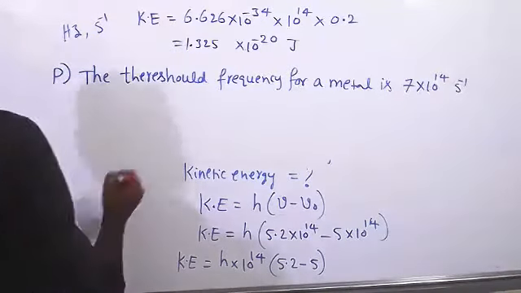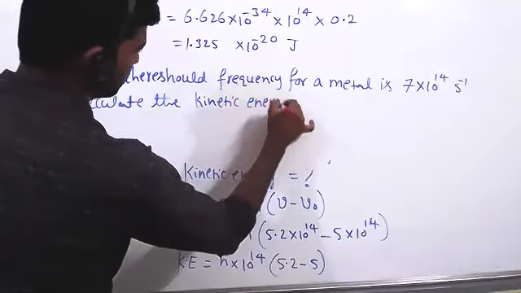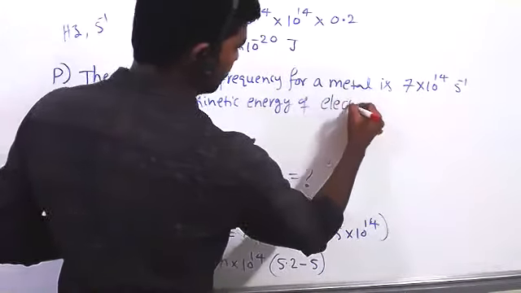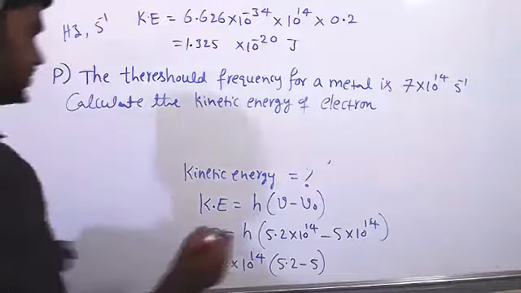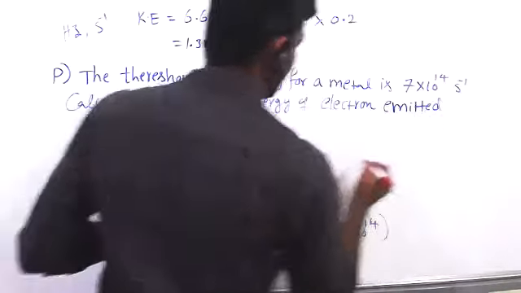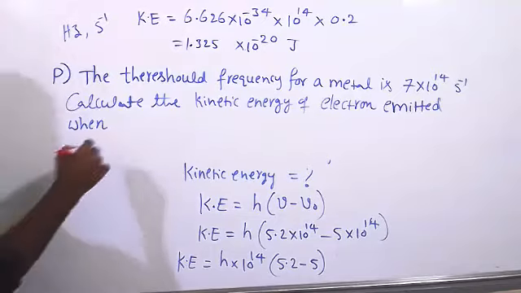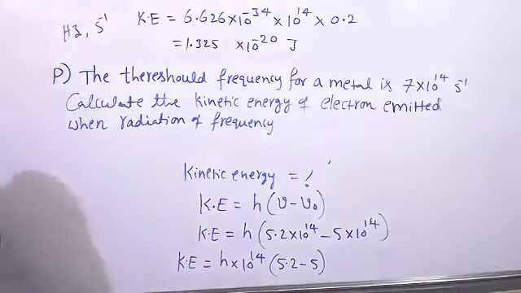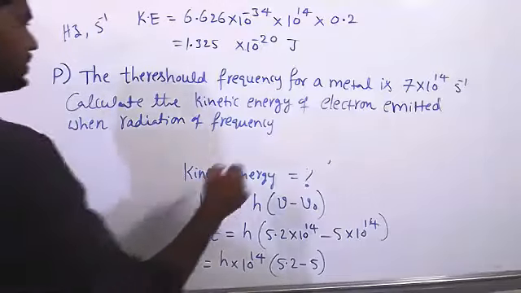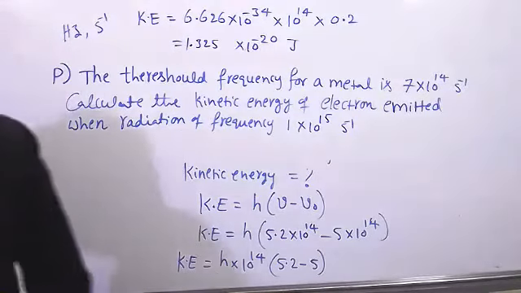Calculate the kinetic energy of an electron emitted when radiation of frequency 1 into 10 power 15 hertz or second inverse hits this metal.